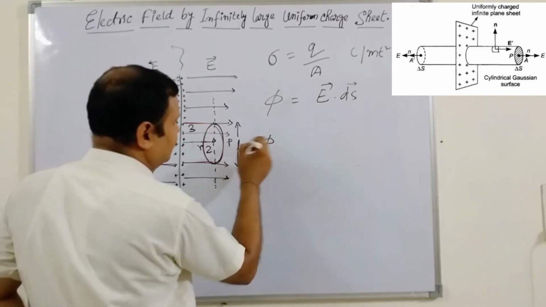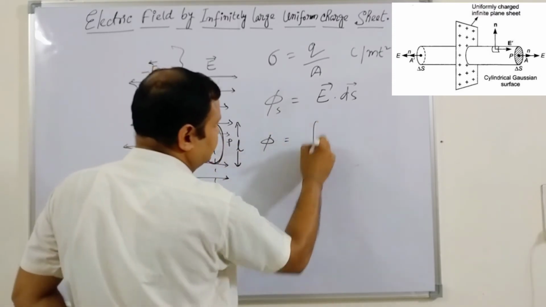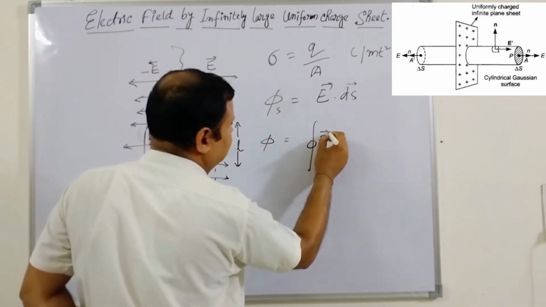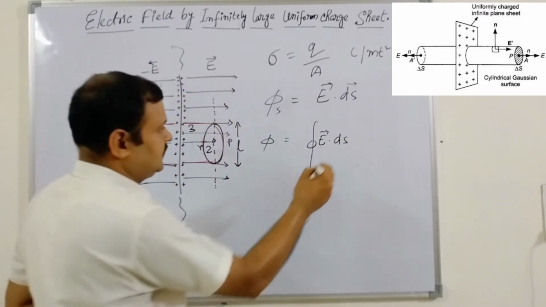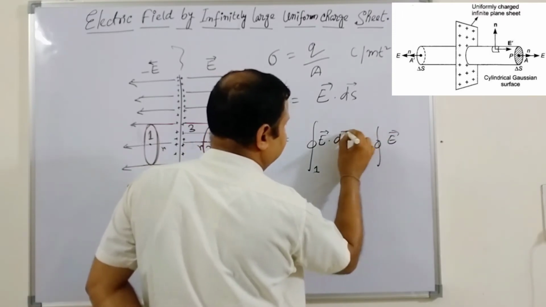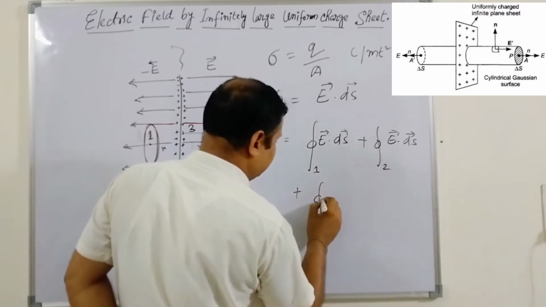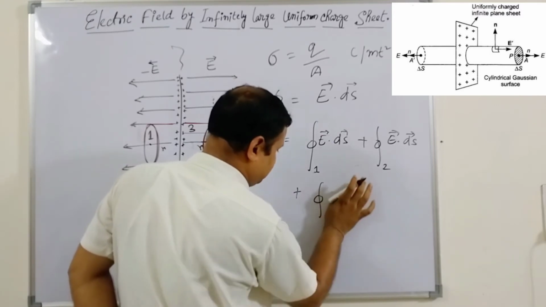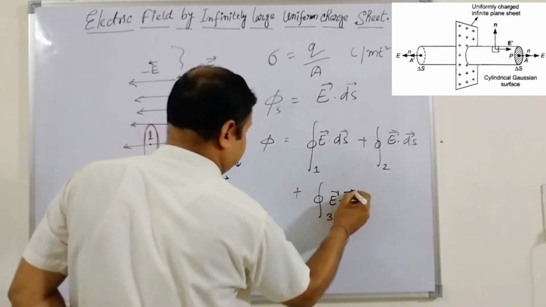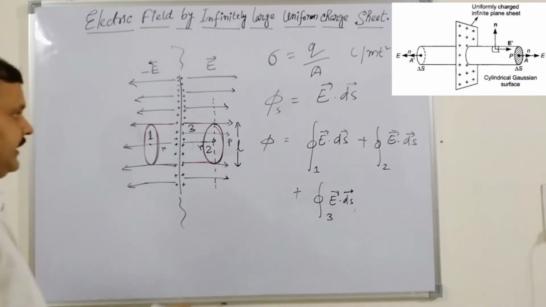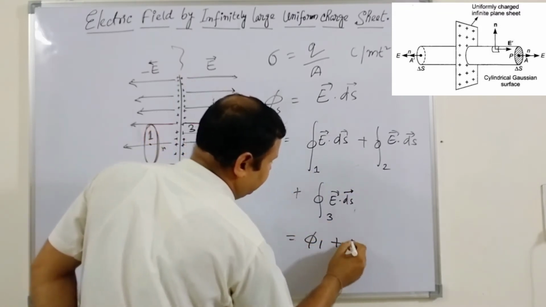Now, the total phi will be over three surfaces, so we will get the integration like this: closed integral of E dS for surface 1, closed integral of E dS for surface 2, and add on the closed integral for surface 3, E dS. Now see, we can consider this phi 1, then phi 2, then phi 3.